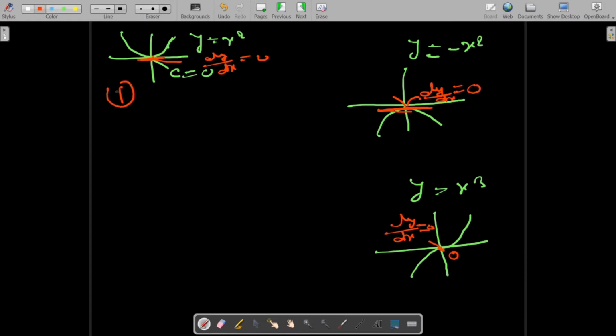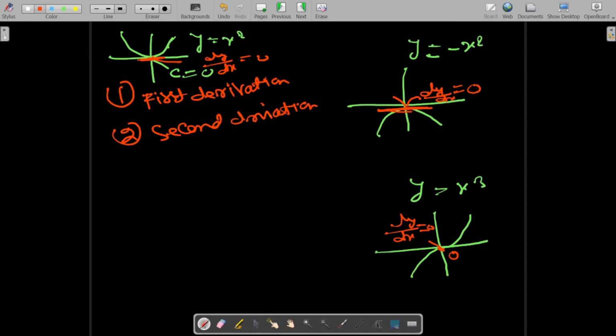One is the first derivative method, and the second one is the second derivative method. So let's see the first one, the first derivative method. If the slope is 0, how do we identify whether that particular point is maxima or minima or point of inflection?